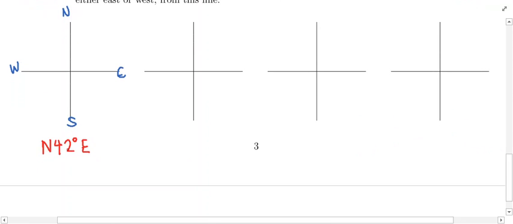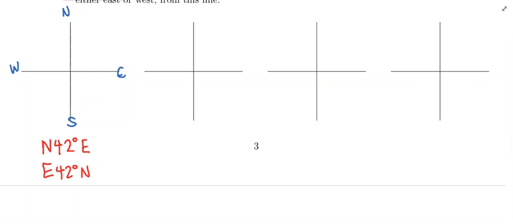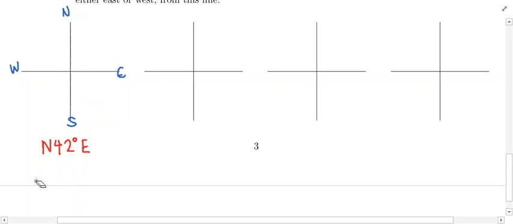And then you've got north and then you've got east. Does it matter? Is it the same thing as this? These are two different things. The order that the directions appear in matters. The way you're going to interpret this, you're going to draw 42 degrees east of north.